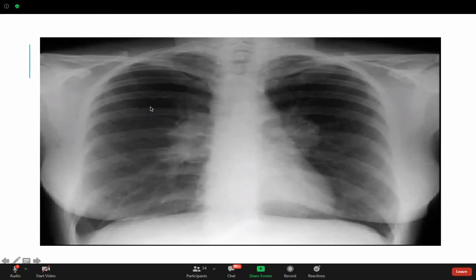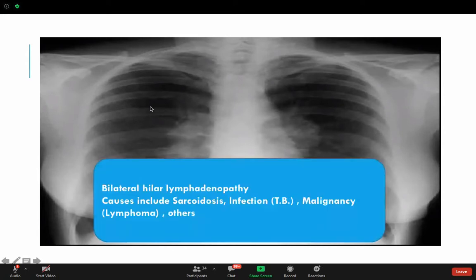Okay, infection, lymphoma, they're all possible, but especially sarcoidosis and TB, okay? So bilateral hilar lymphadenopathy causes include sarcoidosis, infection, TB, and malignancy like lymphoma.